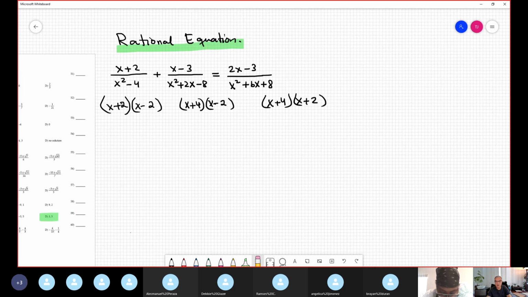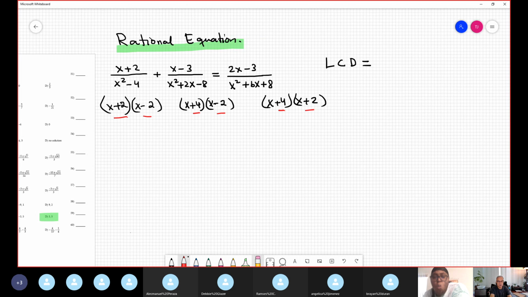What is the least common denominator? What is the LCD? In this case, you check these factors. The idea for the LCD is you take every factor, and when you have repetition, you take the majority.